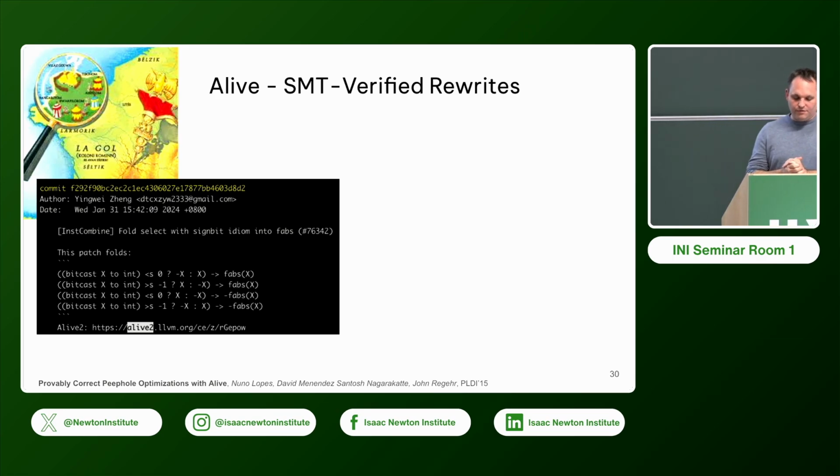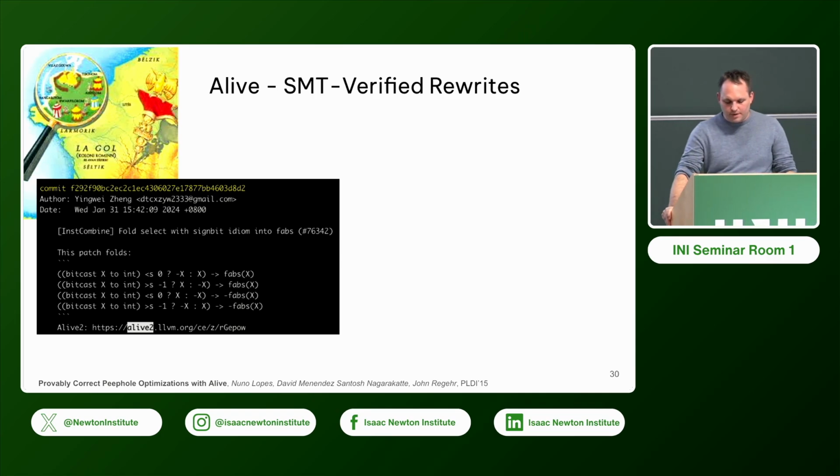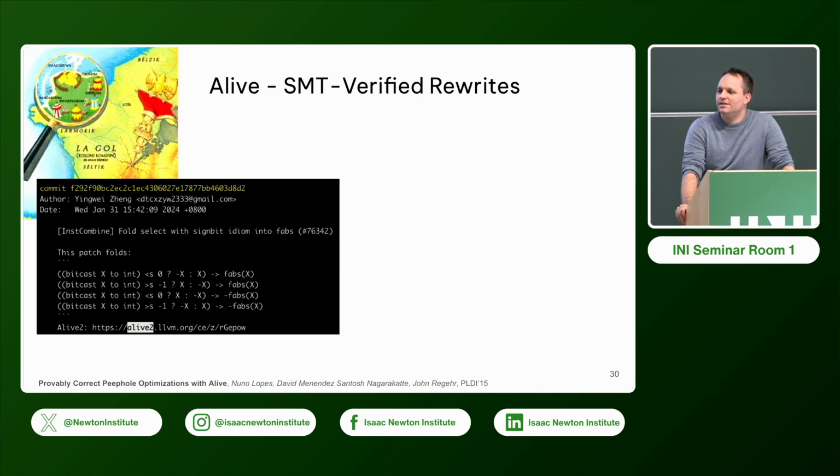There's a tool called Alive, which was published at PLDI 15 by Nuno, David, Santosh, and John Regehr, which, if you're an LLVM developer, you might see every 3 to 4 days in your commit logs, where some developer is too busy with life and family to have the energy for a 2 or 3 day discussion about the correctness of certain bit fiddling stuff.